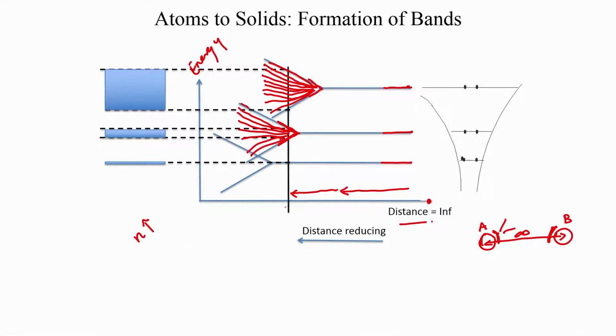If we were to take this particular position, let's say the distance between the two atoms is this value here, and look at the energy profile because of the system of atoms, we would find that this energy level would be quite discrete. I mean, it would be almost single.